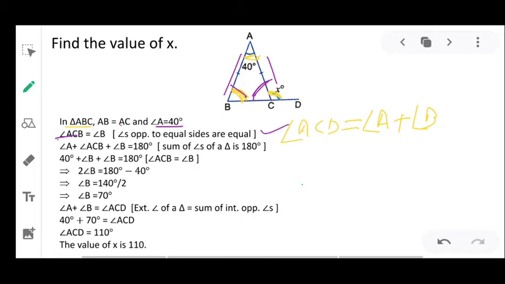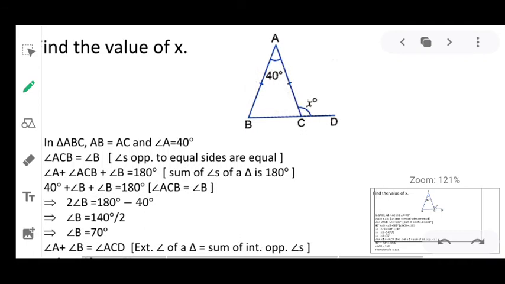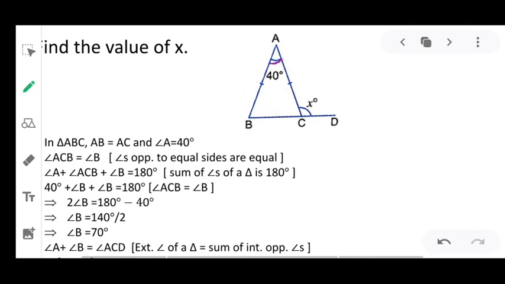Then angle A plus angle ACB plus angle B equals 180 degrees, that is, the sum of angles of a triangle is 180 degrees.